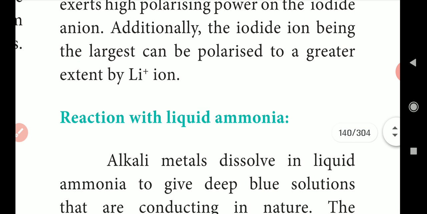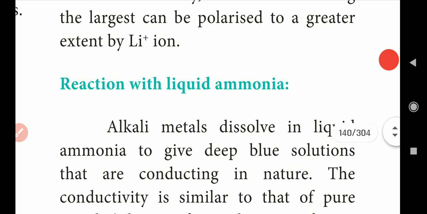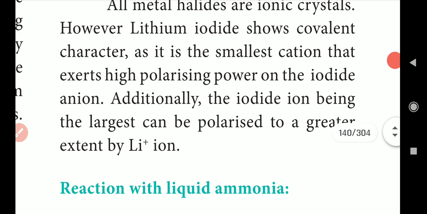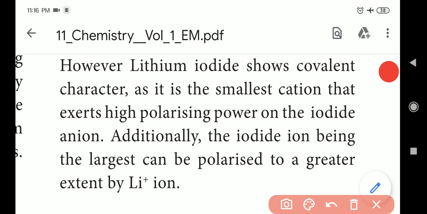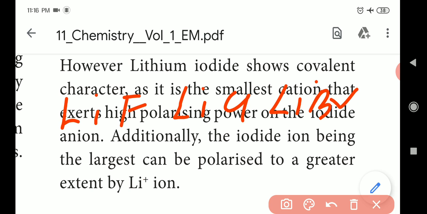Now compare. That is one more question asked from the JEE and NEET examination point of view. For example, lithium fluoride, lithium chloride, lithium bromide, and lithium iodide: which among these has the least covalent character?